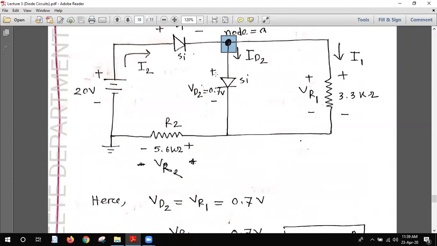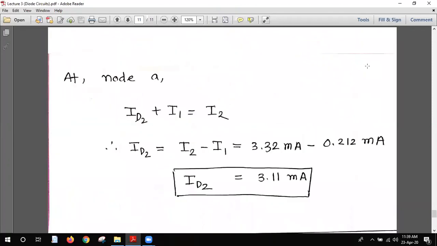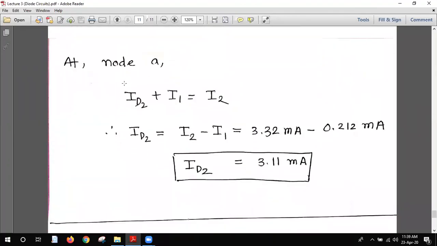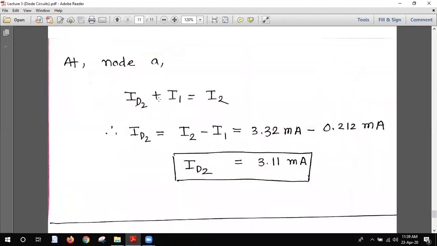So applying KCL at node 1, ID2 plus I1 equals I2. We need to find ID2. So put the value of I1 here and the value of I2. Finally, we get ID2 equals 3.11 milliampere.